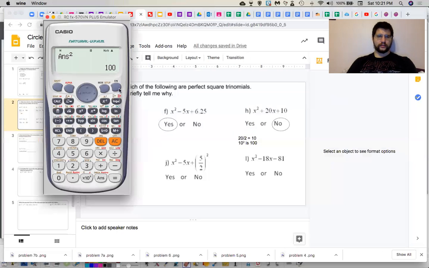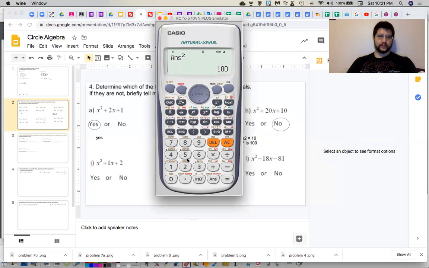All right, another one for the calculator. 1 divided by 2, that's going to be 1 over 2. Imagine that. Squared, that's definitely not a 2. That's a 0.25.